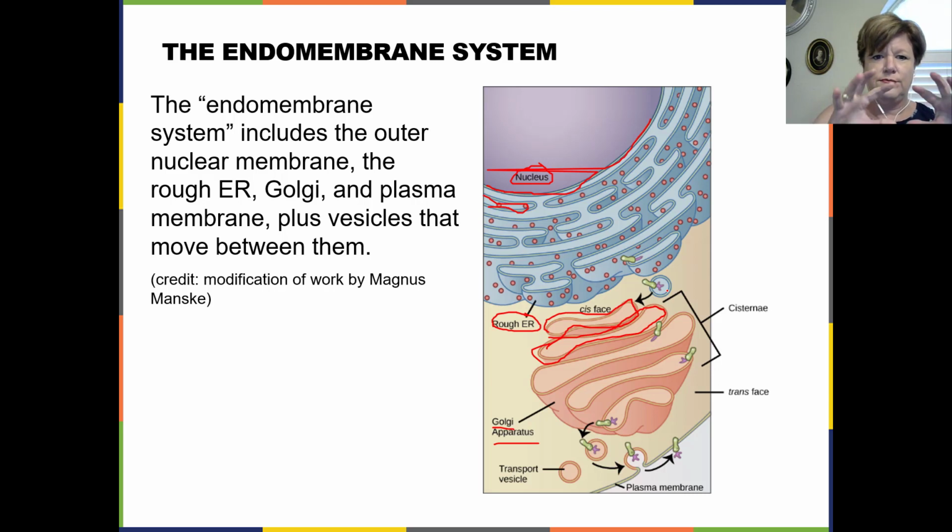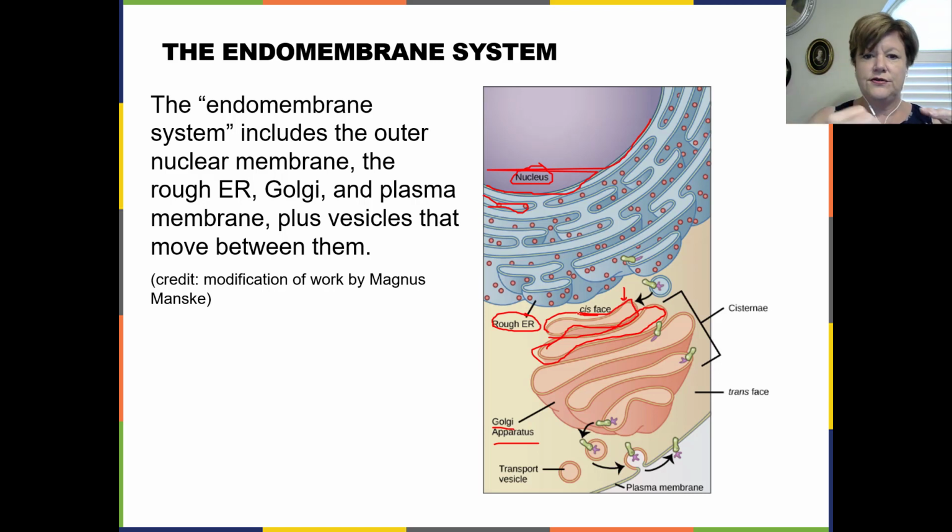It looks like a stack of pita breads, and there's a little vesicle, a little circle of membrane that will bud, kind of push off of the rough ER and surround a little bit of material from the rough ER, and then move to the closest section of the Golgi, which is called the cis face, and the membrane will fuse like 2 soap bubbles that fuse together to make one bigger soap bubble.